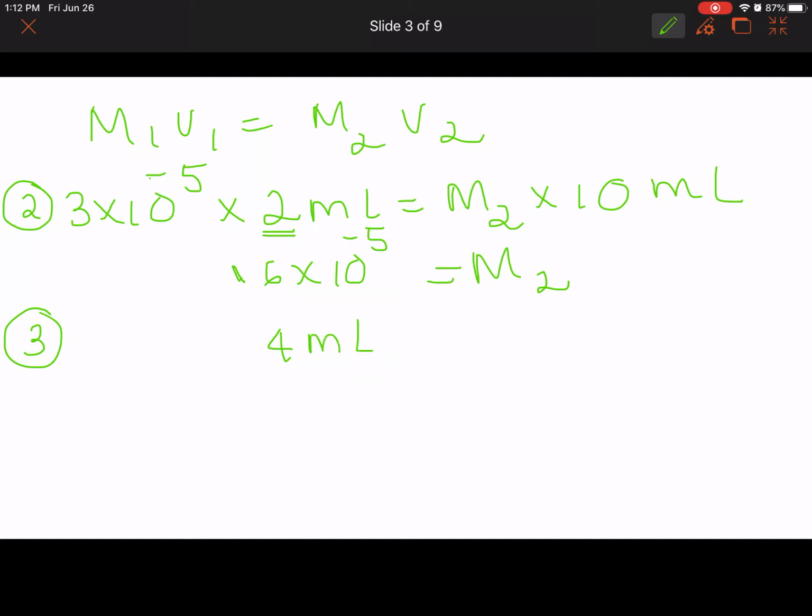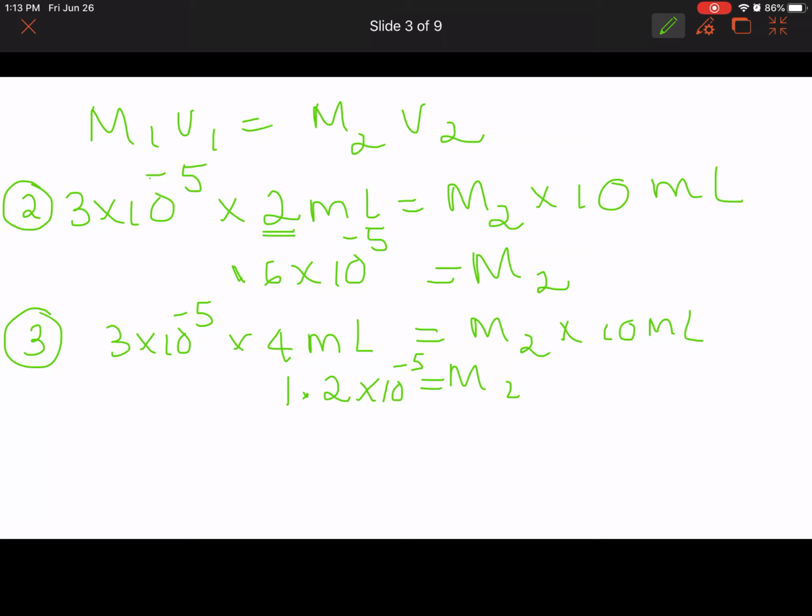That's the only thing you're going to change. So 4 times 3 is 12 over 10, that's going to be 1.2. So M2 is 1.2 into 10 to the negative 5.